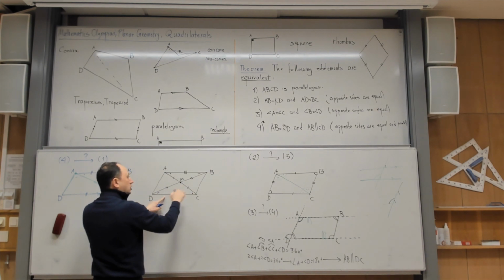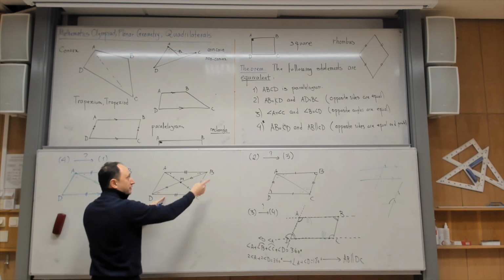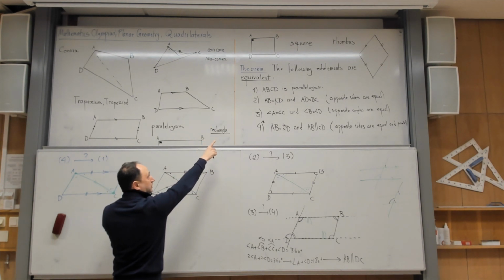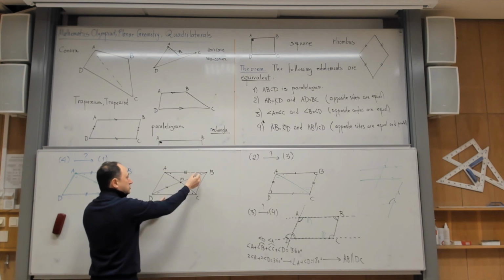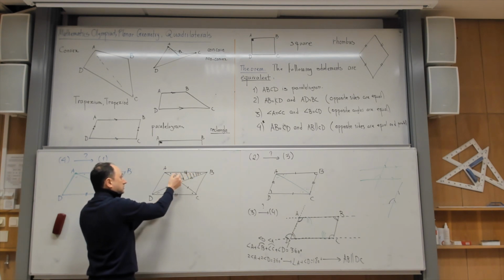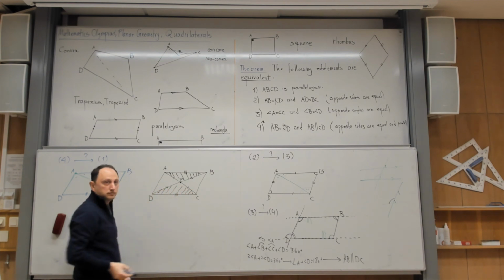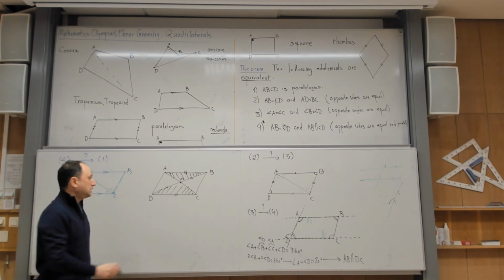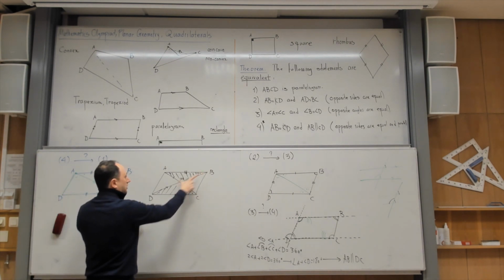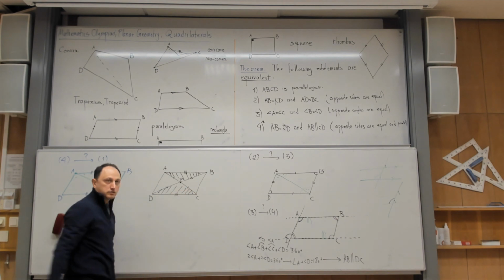But we already know this is a parallelogram, so we don't have any problems. We showed that if it's a parallelogram, the sides are equal. So these are also equal. So this triangle that you see here is congruent to this triangle that you see here, based on angle, side, angle. And then if they are congruent, it is clear this side is equal to that side, and this side is equal to that side.